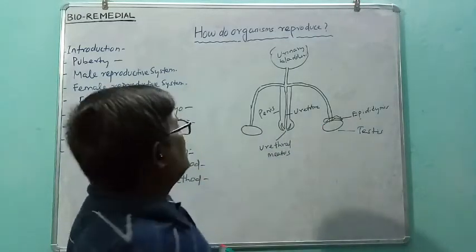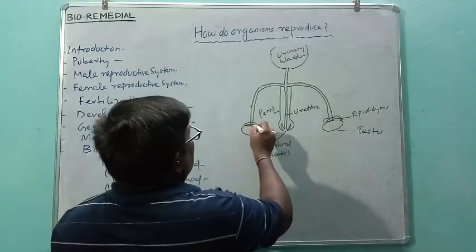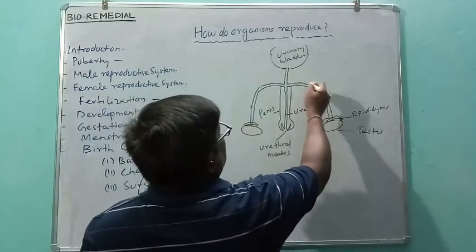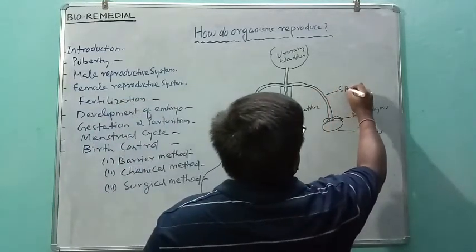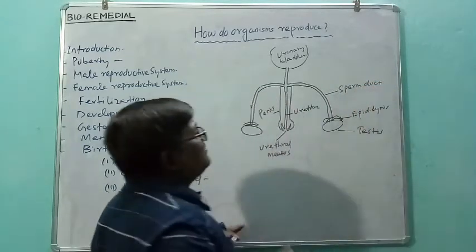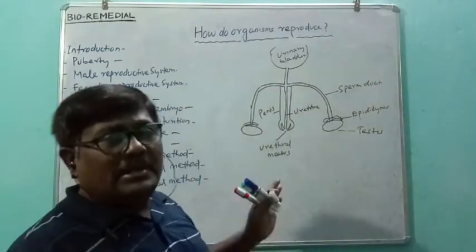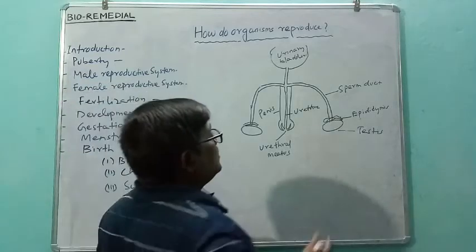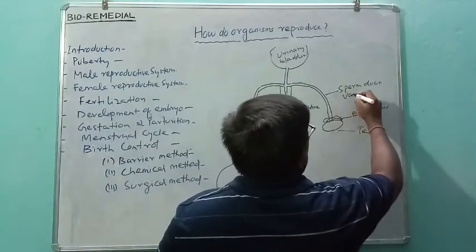After maturity, the sperms will travel through this sperm duct. This is called the sperm duct. I am drawing the diagram. I am trying to explain the diagram, although my diagram is not that good, but still it will be helpful.